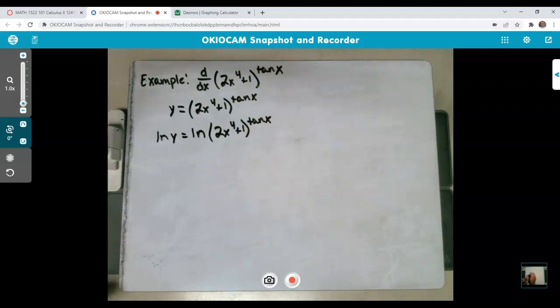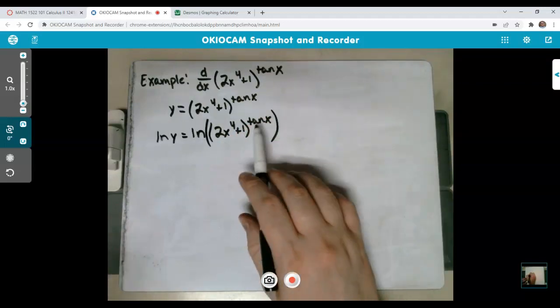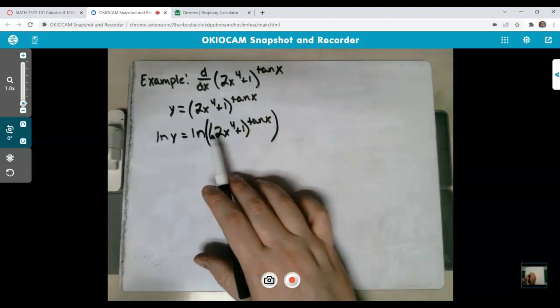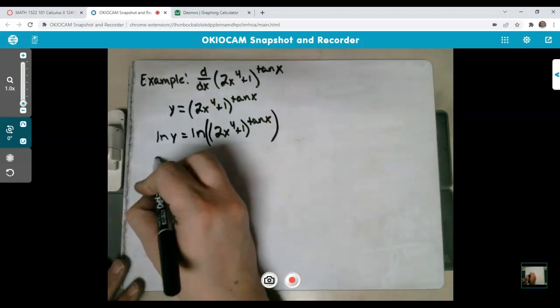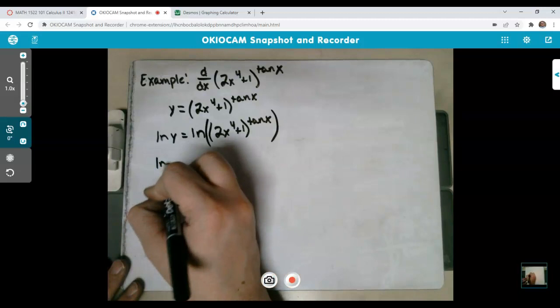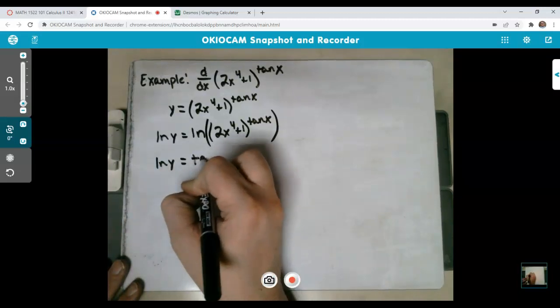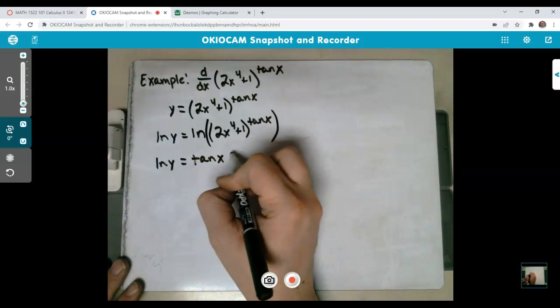And the reason that is a helpful thing is because now I have a power inside of a logarithm, so I can bring my power down front. Again, that's not a calculus thing, that's just how the logarithms work, right? So tangent of x, let's put parentheses around there to help me out, times the natural log of 2x to the 4th plus 1.